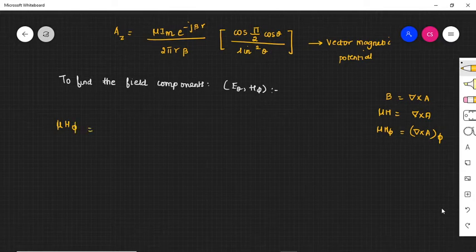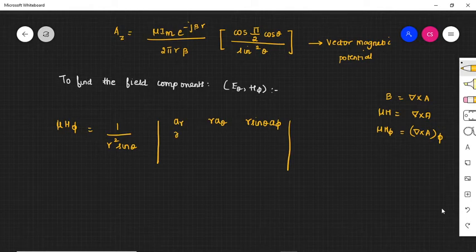So as per the definition of the spherical coordinate system, we know this is 1 by r square sine theta, determinant of the three components: a_r, r a_theta, r sine theta a_phi, and then it is dou by dou r, dou by dou theta, dou by dou phi, and then it is the magnitude of the vector magnetic potential.